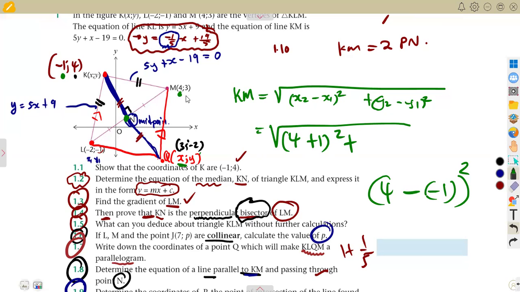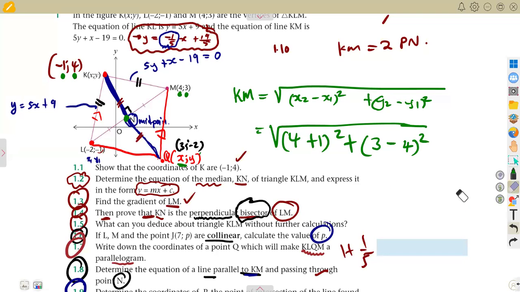The y2 value at point M is 3, minus the y value 4, so 3 minus 4 squared. Use your calculator and simplify properly, and you obtain the square root of 26 units.